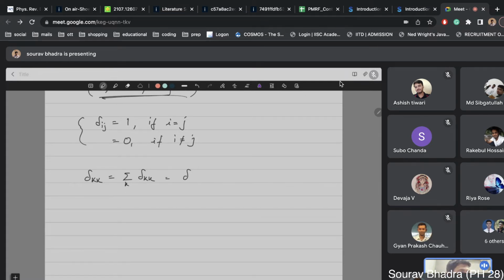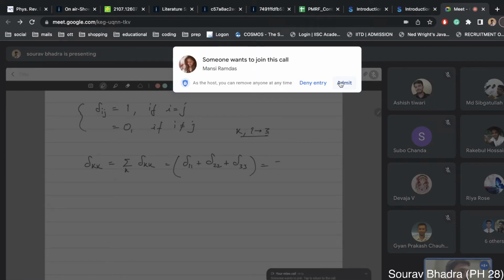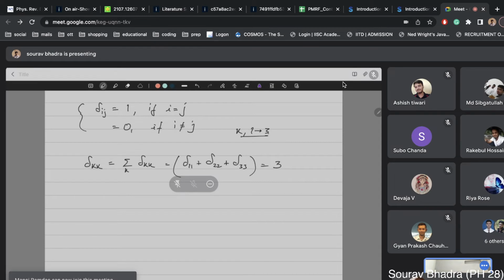For us, k is only from 1 to 3. So it will be delta 11, delta 22 and delta 33, and you know that the value of delta 11 equals delta 22 equals delta 33 equals 1. So your answer is 3. Okay, so it is a very simple one.